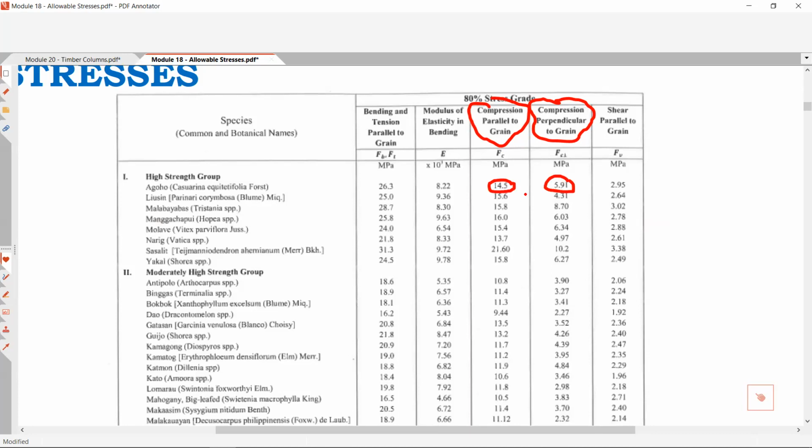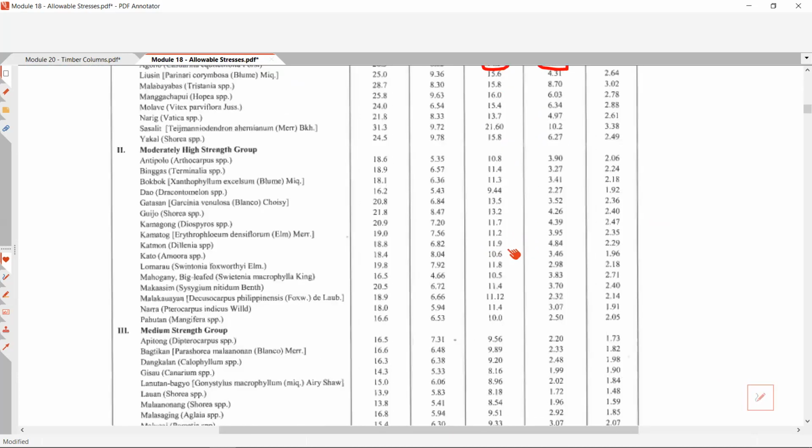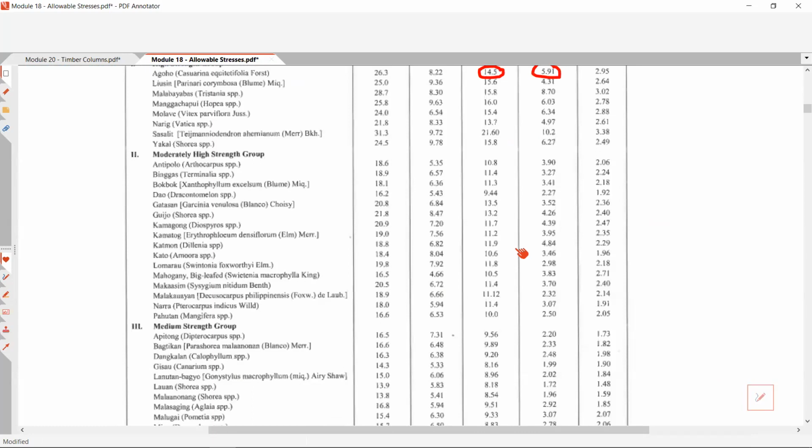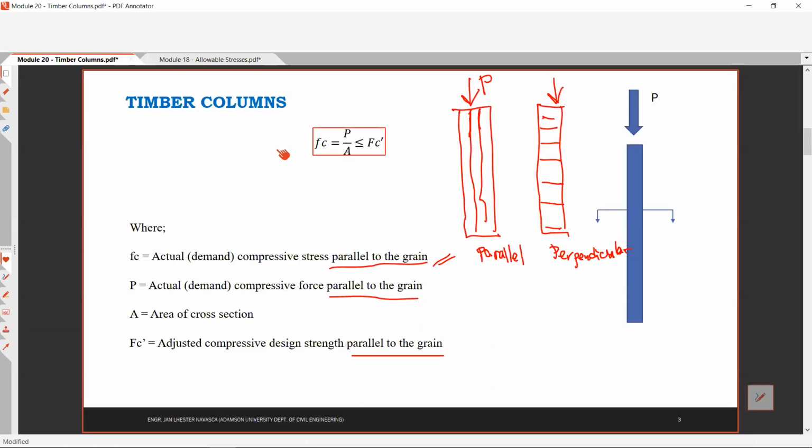Look at all of them: 14.5, 5.91, 15.4, 15.8. So the timber column is stronger when its orientation is parallel to the grain versus perpendicular to the grain. You maximize the capacity of your timber column with this arrangement, parallel to the grain.